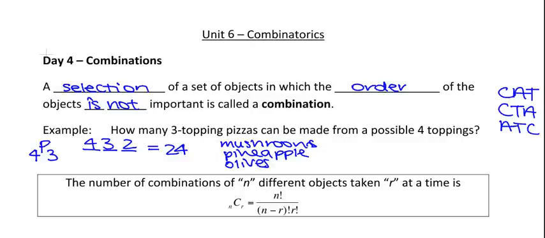Well, if I chose these 3 toppings, then how many different ways would these be able to be arranged? Well, they could be arranged 3 factorial different ways. So if I divided this answer here, originally 24 different 3-topping pizzas, by 3 factorial, that's 24 divided by 6, so that would give me 4 possible pizzas, which is actually the answer.